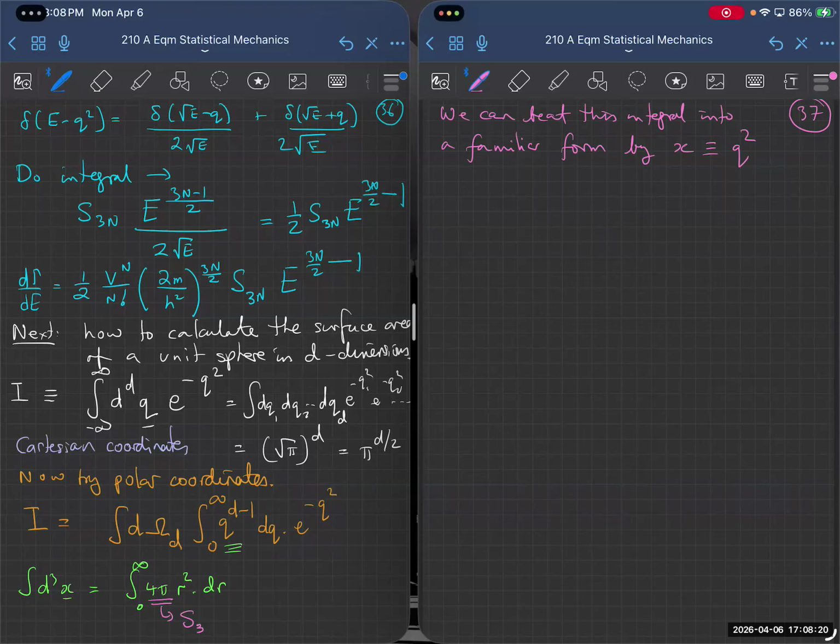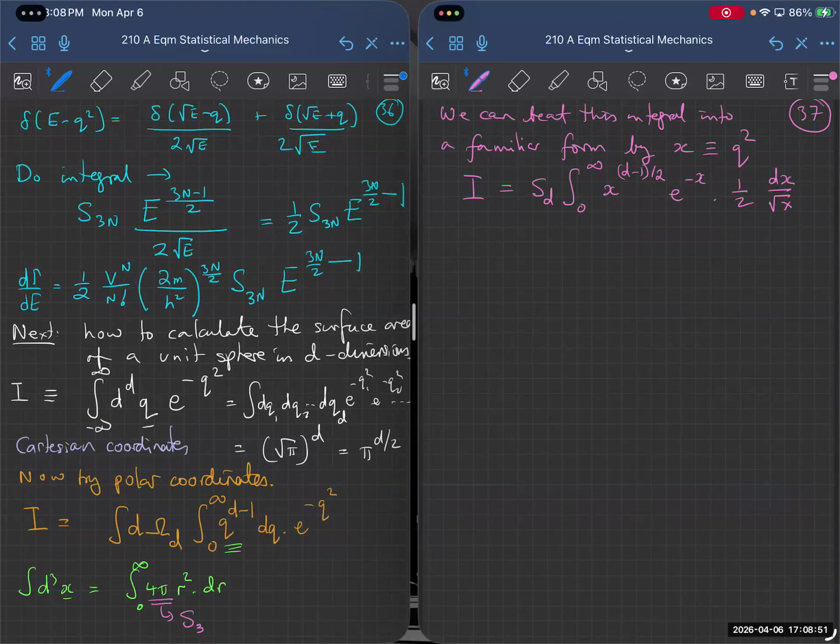Well, if I make that change of variable, then if you do the calculation, I is equal to the surface area of a d-dimensional sphere, times the integral from 0 to infinity, x to the power (d minus 1) over 2, e to the minus x, and then 1/2 dx over the square root of x, just doing the change of variable.